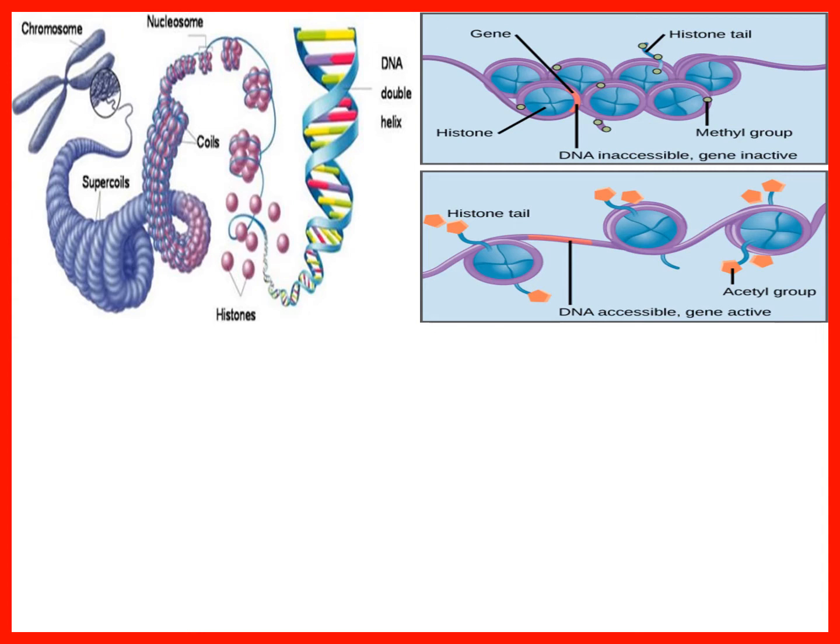Modifications of the DNA can either make them inaccessible or accessible, depending on which type of modification there is. In the picture on the top right, you can see that methyl groups are added, and this makes the DNA inaccessible. But in the lower picture, acetyl group addition causes the DNA to be accessible so that you can do transcription, so RNA polymerase now does have access to produce the mRNA.